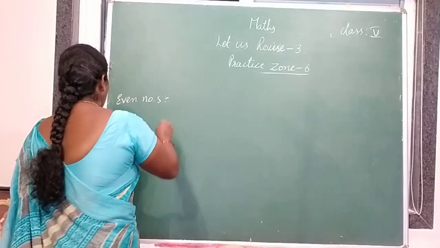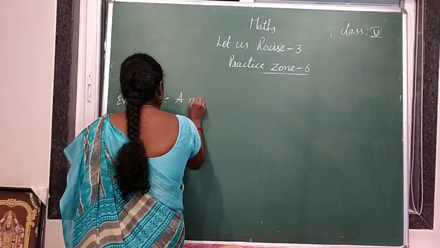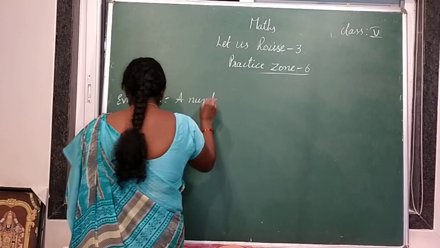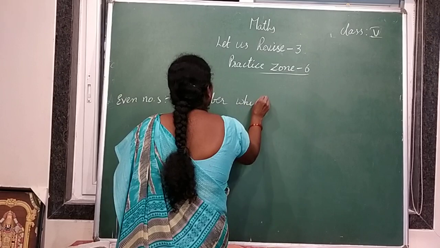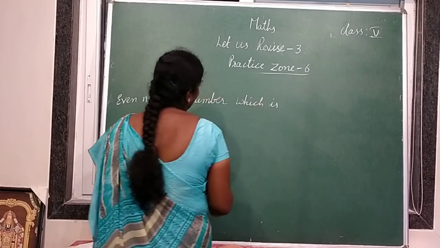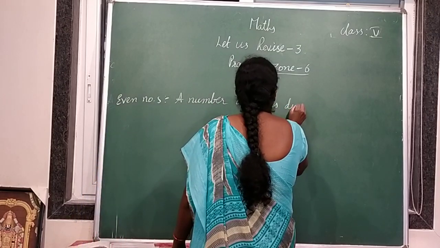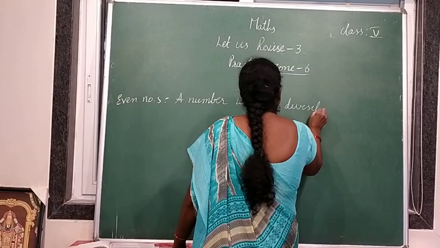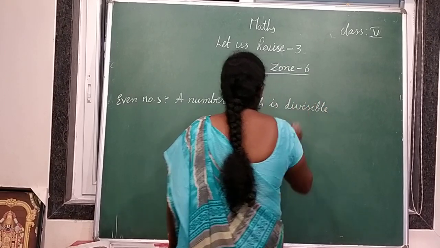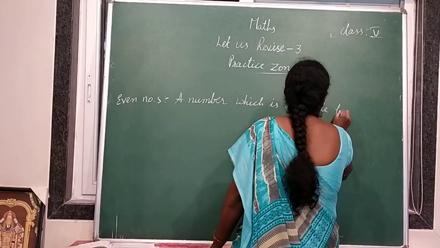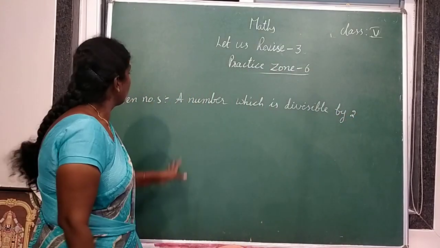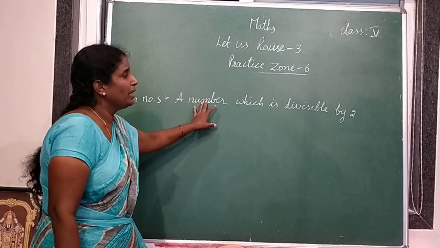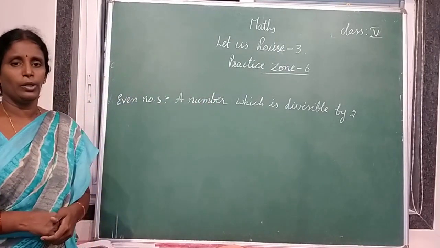Even number is nothing but a number which is divisible by 2. Even number is nothing but a number which is divisible by 2.